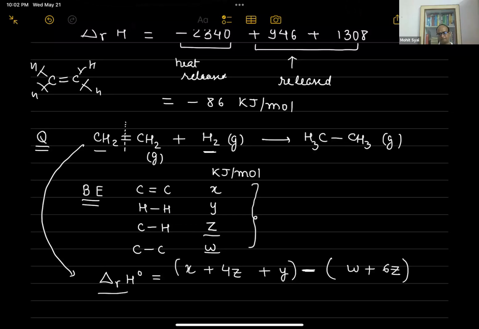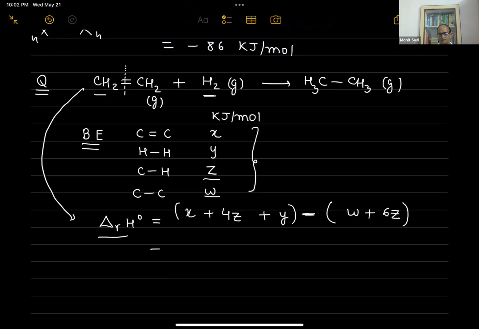Is it clear? So the answer is going to be X plus Y plus 4Z minus W minus 6Z. So it is going to be X plus Y minus W minus 2Z. Got it?